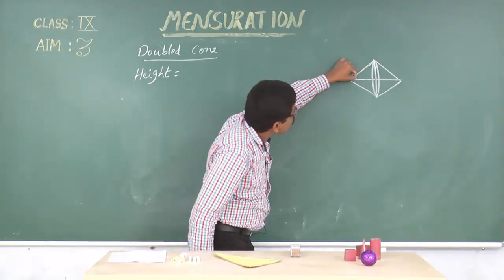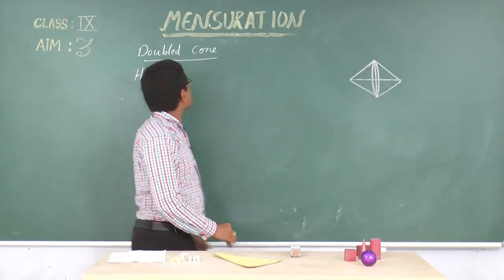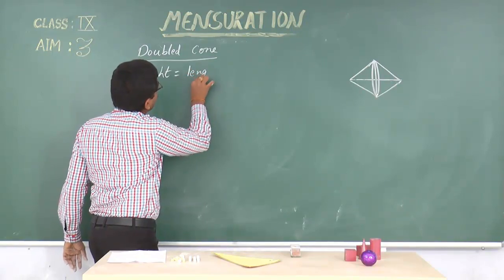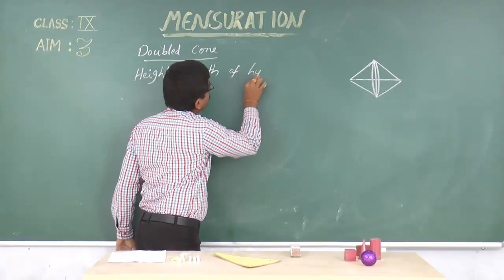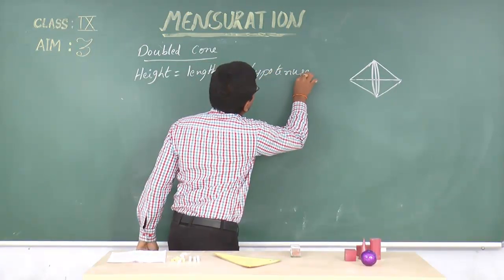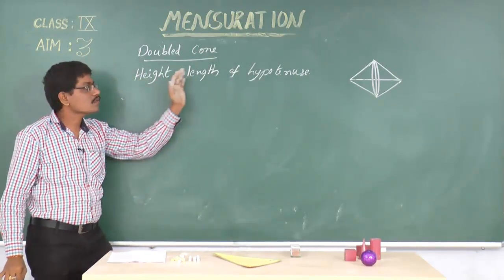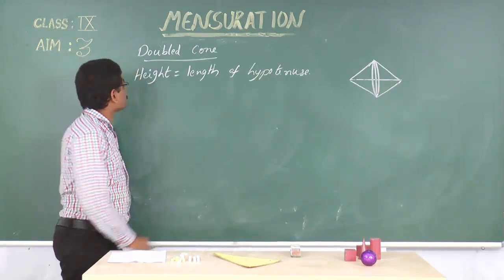So this is the height of the newly formed solid. So height is equal to length of hypotenuse.